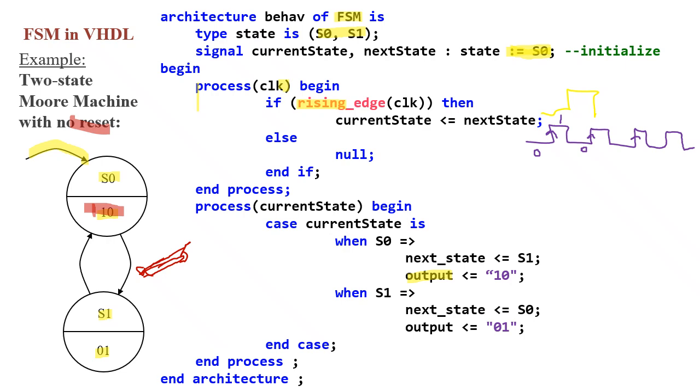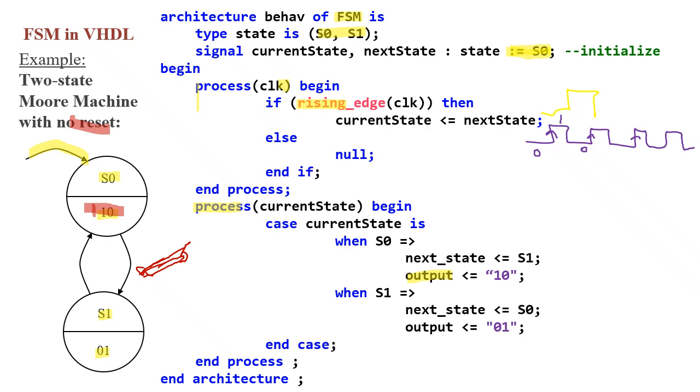Now when it comes to the second process, which is called the combinational process because it has no sequence, it has no history or memory. So based on the current state or the input if available, you're going to update the next state. So I give you the current state, you can immediately tell me what the next state is going to be and what the output is going to be.